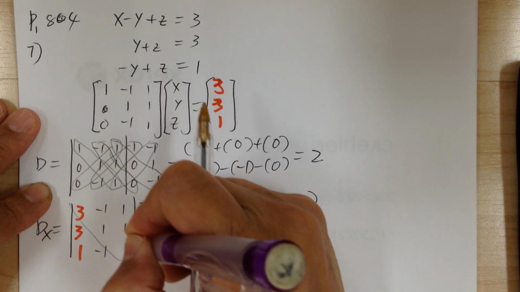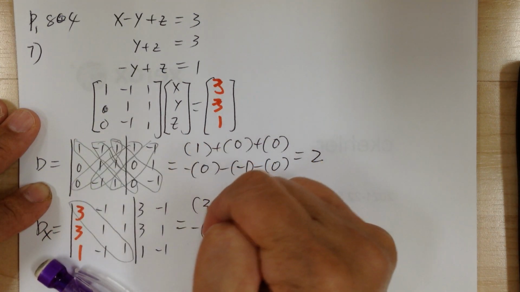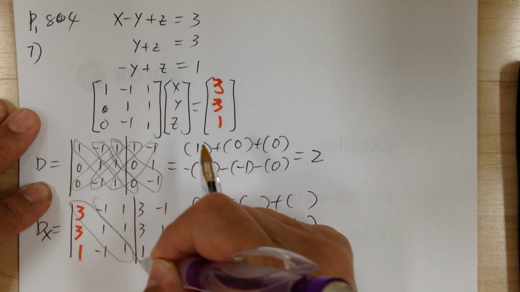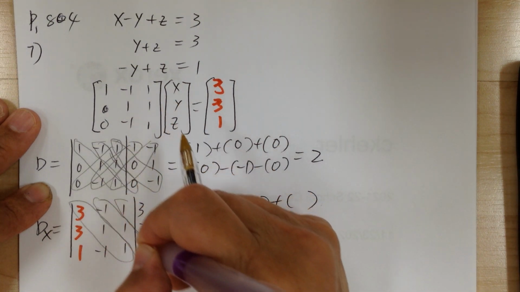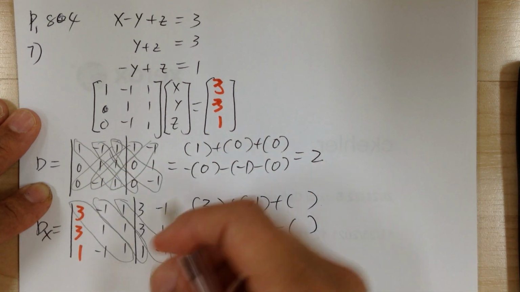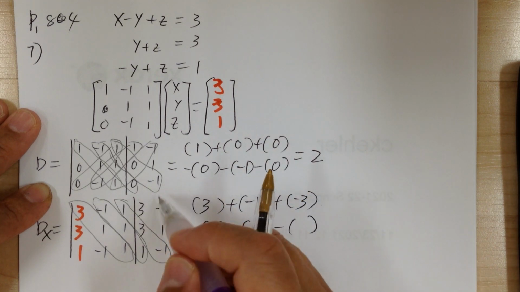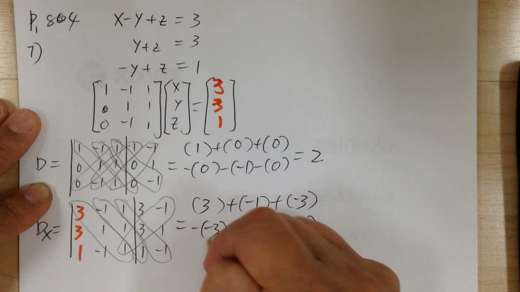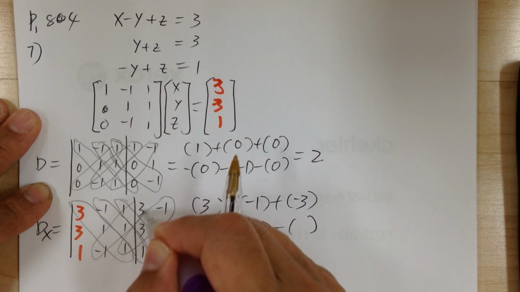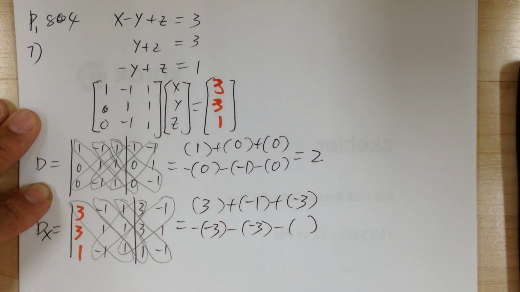Okay, so let's go this diagonal, so it'll be a 3. The next diagonal is -1. Next diagonal would be -3. And then you go this direction, so it'd be -3. This direction would be -3.